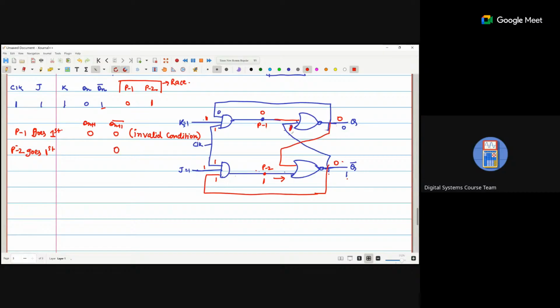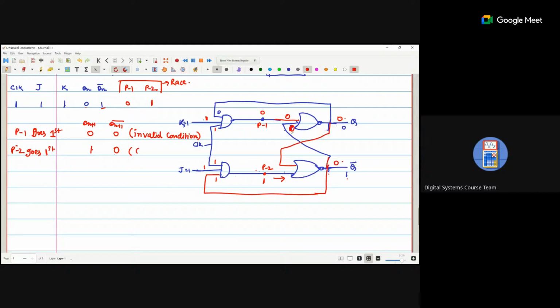Okay, now when this 0 goes here, this is 0 and the second input is also 0. 0, 0 becomes 1. So if I assume that Qn is 0, Qn plus 1 is 1. If I assume that Qn bar is 1, Qn plus 1 bar becomes 0.